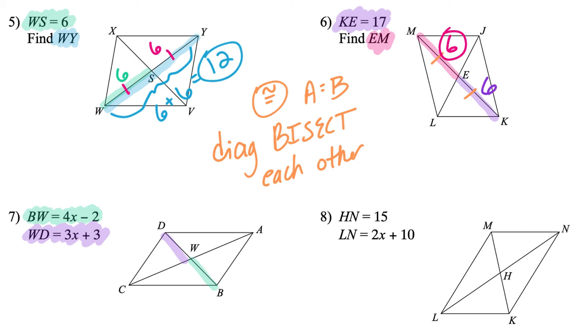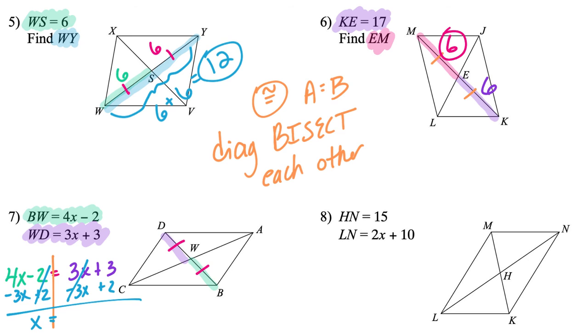I know, because this is a parallelogram, that these two parts are congruent, which means I am going to take these two and I'm going to set them equal, and then I will solve. So using that information, I can then go ahead and move my x and move my constant. So I'm left with 1x equals 5.